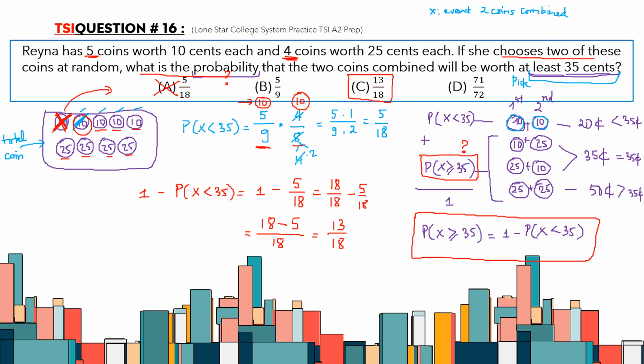And then the next choice, the outcome we can get is from the leftover, I mean the rest of the 4 coins right here. So we have 4 chances of picking the 10, so 4 out of 8.